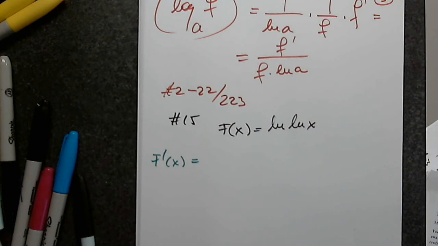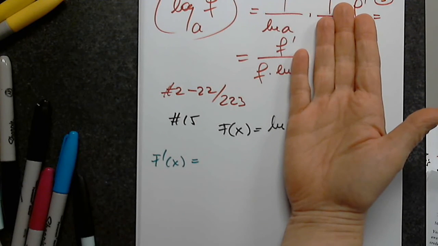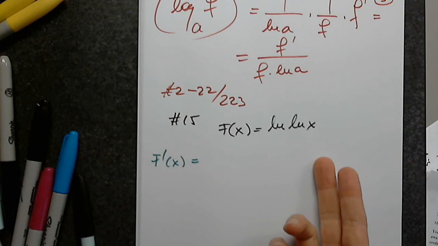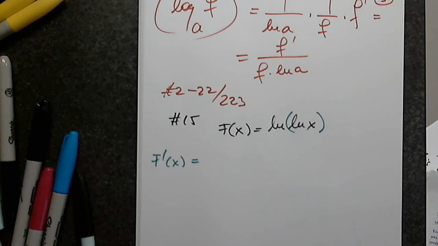So we're asked to find f prime. What's that, natural log times natural log? There is no natural log without an argument. Since it's natural log, it really means natural log applied to natural log. Perfect. Okay. So we have an outer and we have an inner.